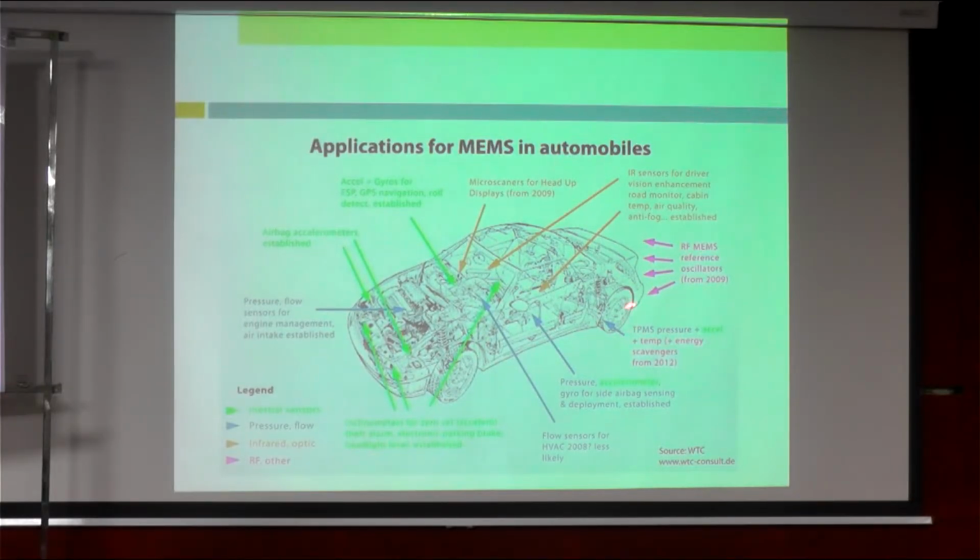You can find a pressure sensor in the tire itself. So RF MEMS, etc., and LiDAR sensor, airbag accelerometers, GPS, and so on and so forth. That may be more than 20 MEMS sensors in our automobiles.